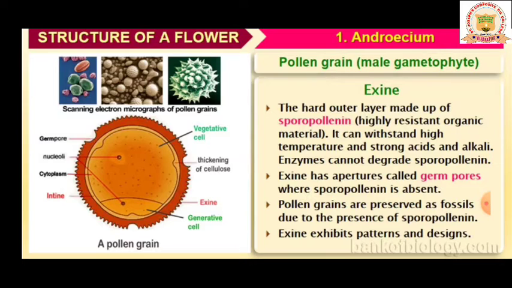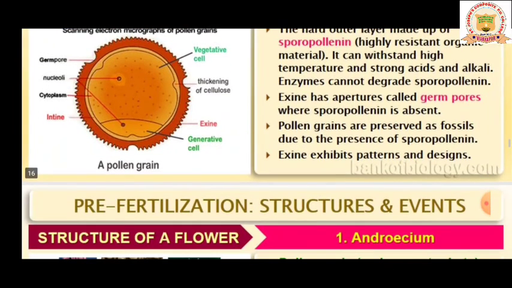As I said, they can remain for a long time because of this material. They can be preserved for a long time as fossils, or in liquid nitrogen at minus 196 degrees centigrade. Exine exhibits patterns and designs, so different designs can be seen on it.